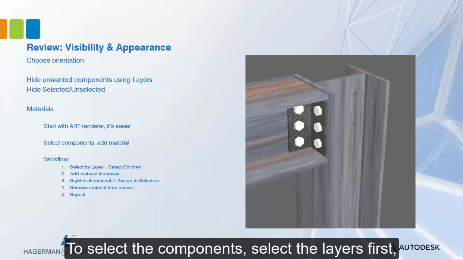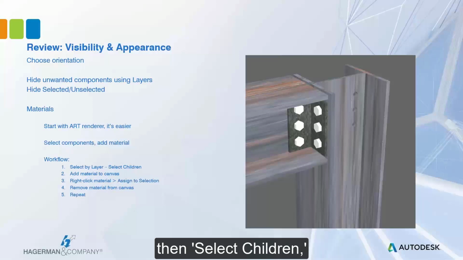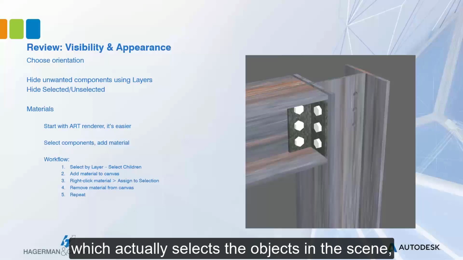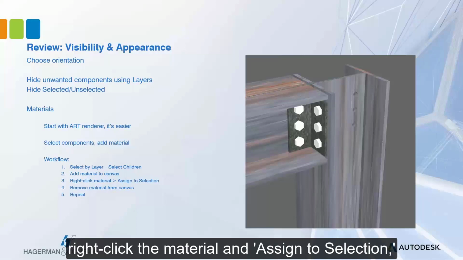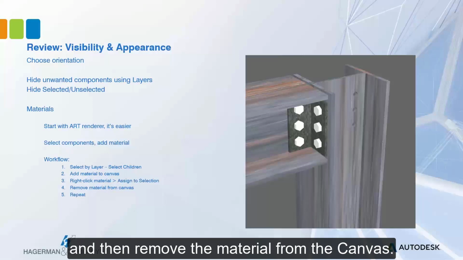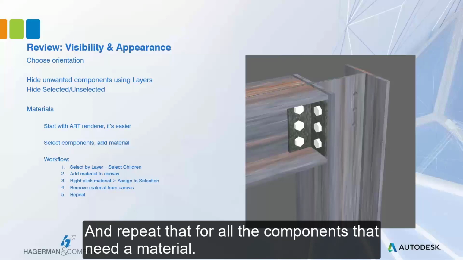We select the layer first, then select children, which actually selects the objects in the scene. We choose a material and add it to the canvas. Right-click the material and assign to selection. And then remove the material from the canvas. And we repeat that for all the components that need a material.